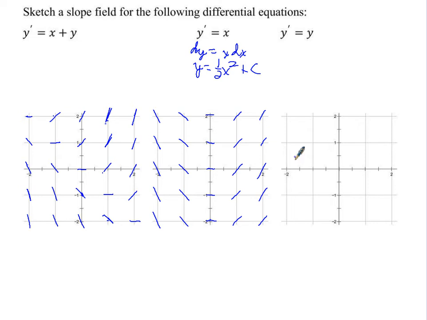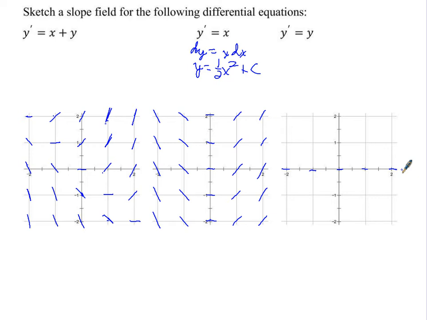How about this one? Just the y-coordinates. So where do you want to start? Start at 0. What do we get? 0. So when y is 0, we get a slope of 0. So hopefully you thought of a horizontal line.